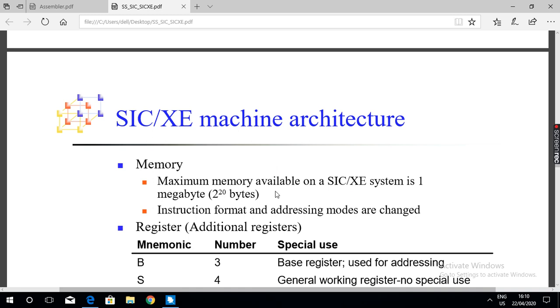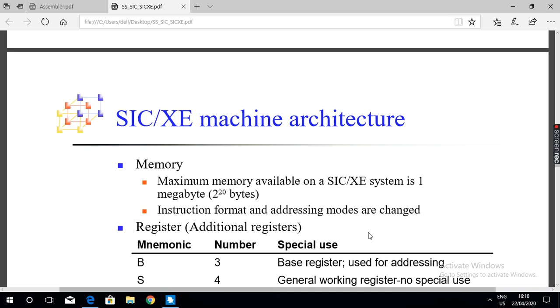As in SIC, in SIC/XE also, the memory is organized into memory locations. Each memory location stores 1 byte, that is 8 bits of data.